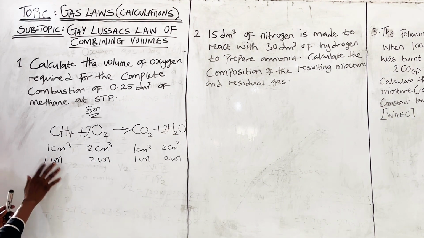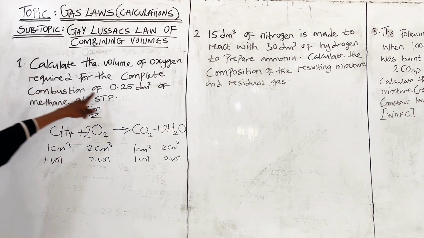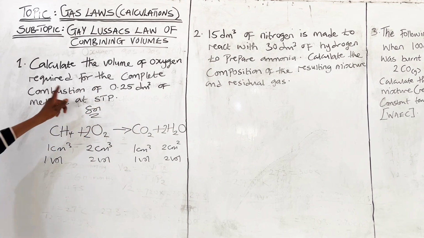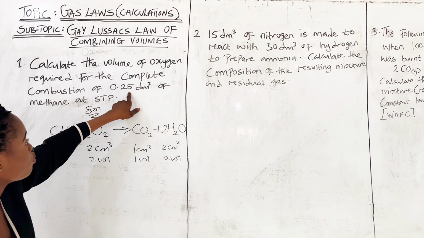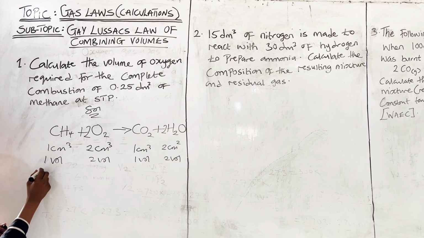So now that we have written our 1 volume, 2 volume, 1 volume, 2 volume, we can now go back to the question. So the question told us that methane is what? 0.25 dm cube. It said complete combustion of 0.25 dm cube of what? Methane, which is CH4, is 0.25.